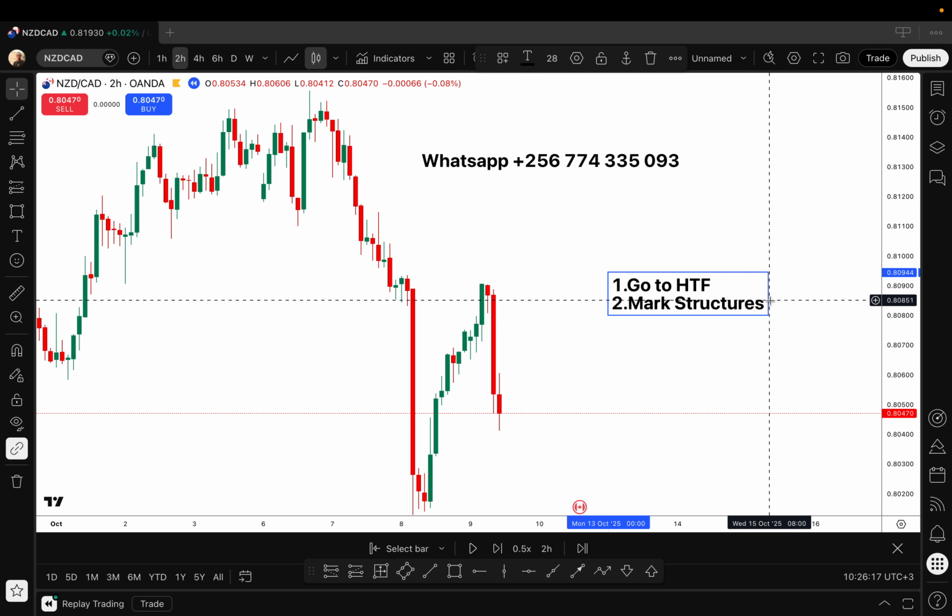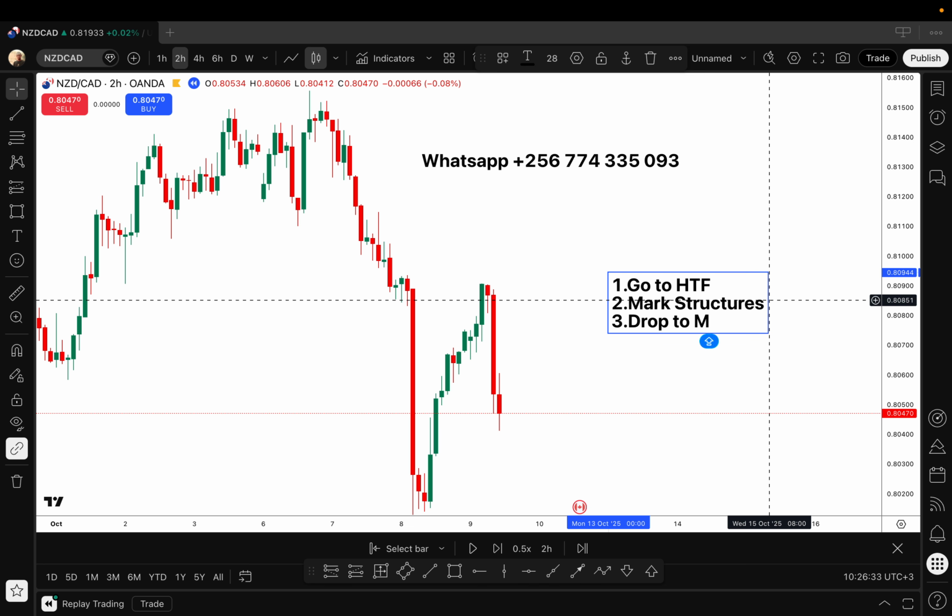So after that, what is the next thing you want to do? After you have marked your structures on the highest time frame, you want to go to rule number 3, which says drop to medium time frame, or MTF.